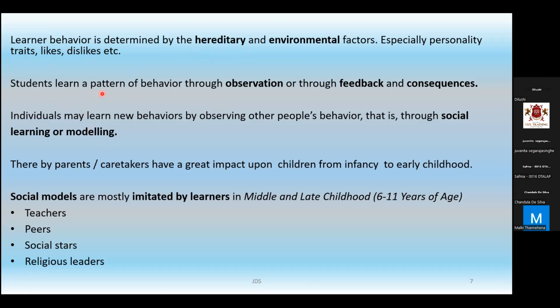Second one, students learn a pattern of behavior through observation or through feedback and consequences, right? So these three are very influential when it comes to determining behavior. Observing, when it comes to small children, most of the time they learn something by observation, imitation and observation. Through feedback, whatever the feedback given by parents, teachers, the advice, and the consequence.